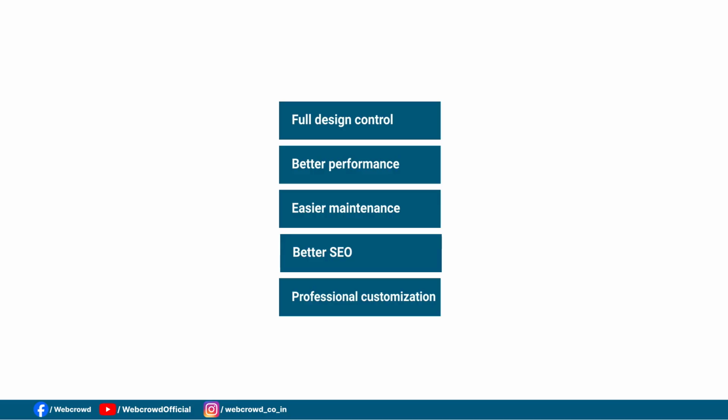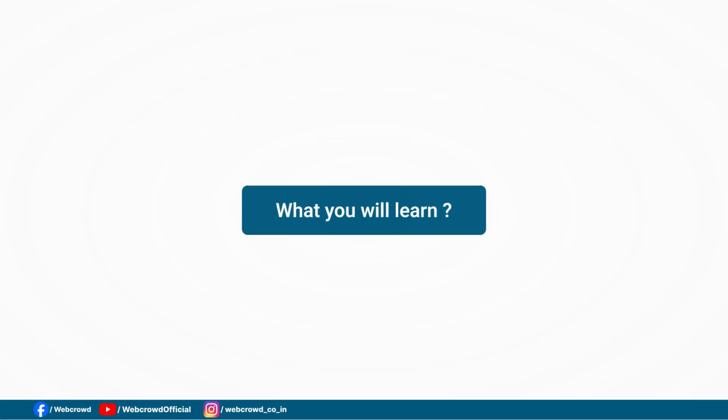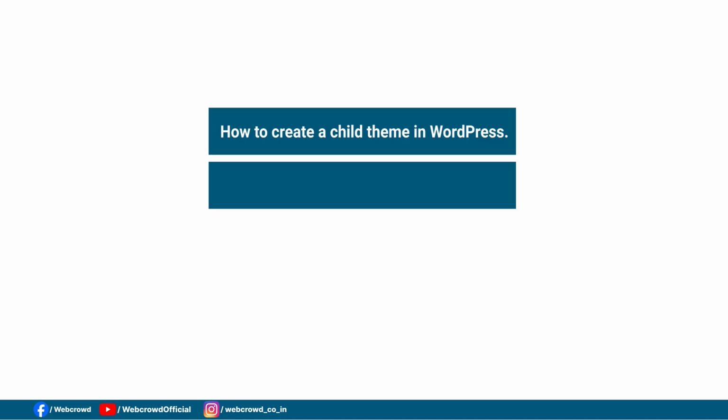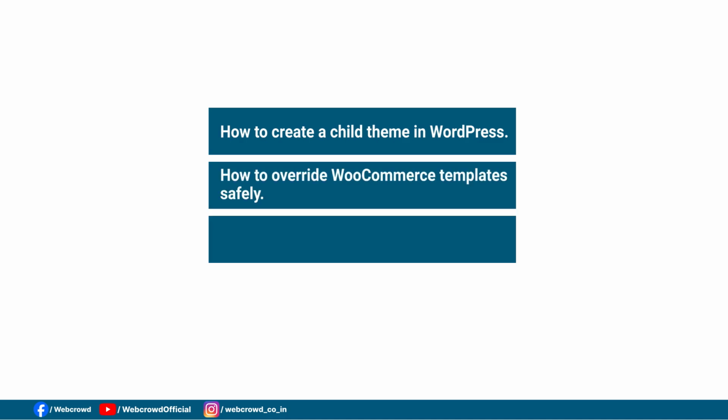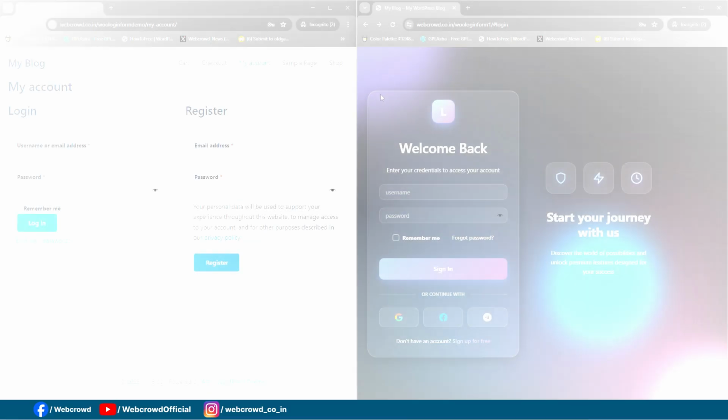Now let's move on to the learning section. What you will learn exactly: how to create a child theme in WordPress, how to override WooCommerce templates safely, how to add custom CSS and JavaScript files separately, and most importantly, how to integrate any custom HTML into a WordPress template for advanced customization.